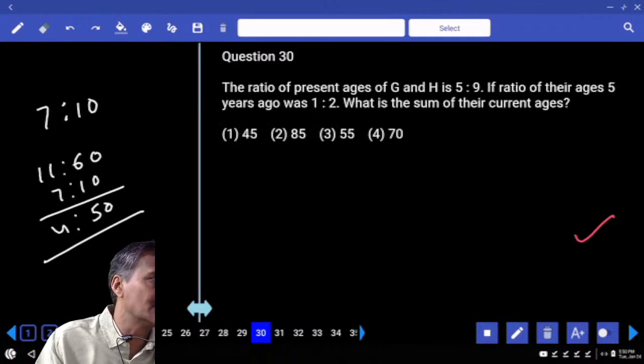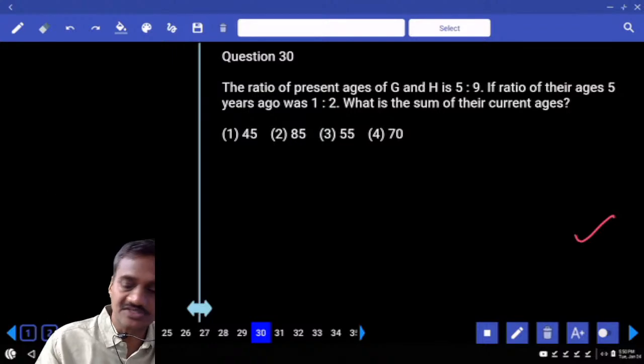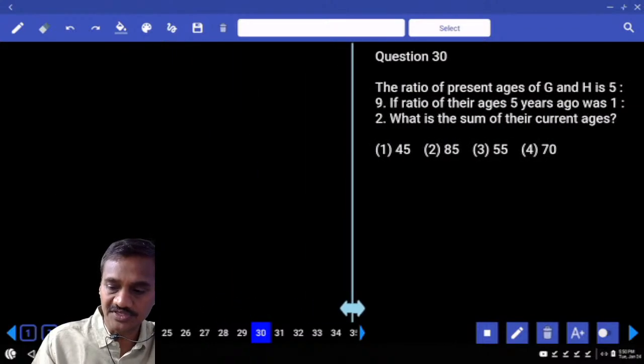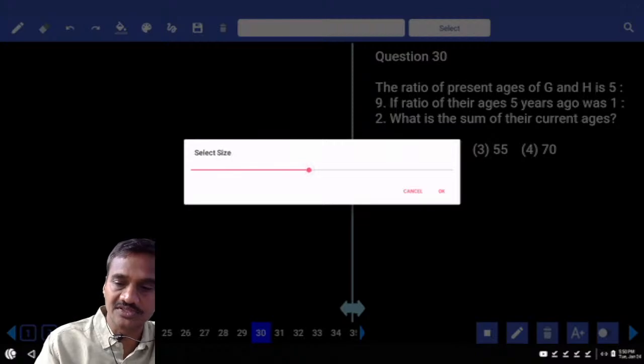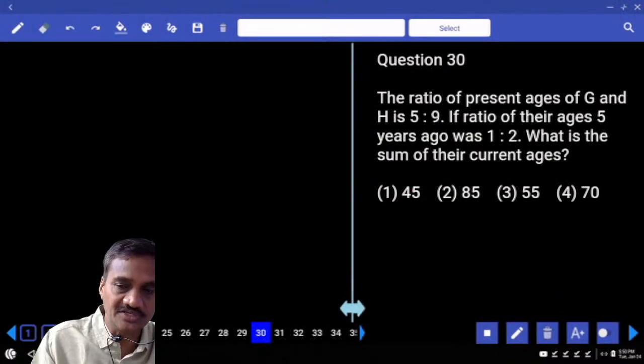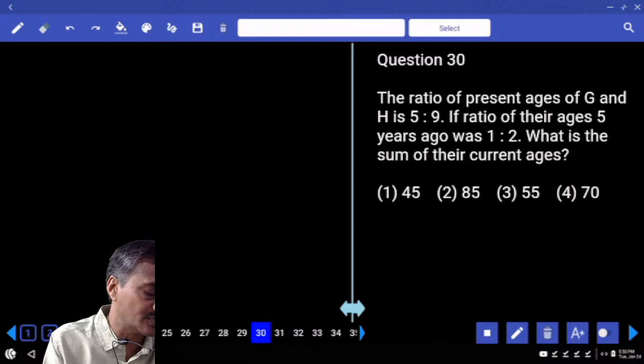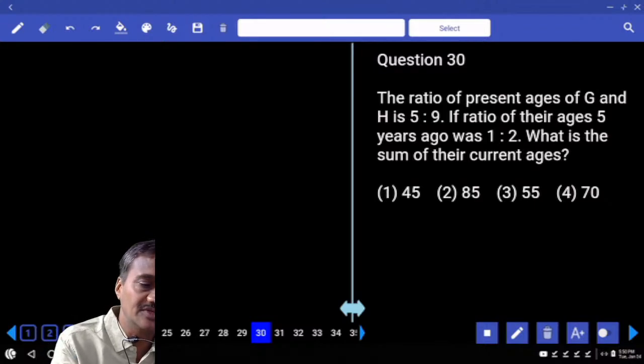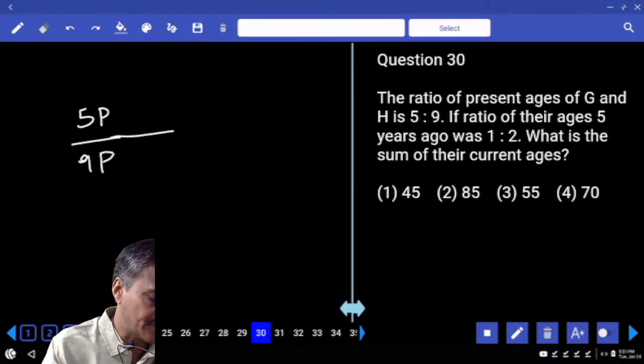Then coming to question number 30. What is the information given in this one? The ratio of the present ages of G and H is 5:9. Let us take 5p and 9p. The ratio is 5:9.